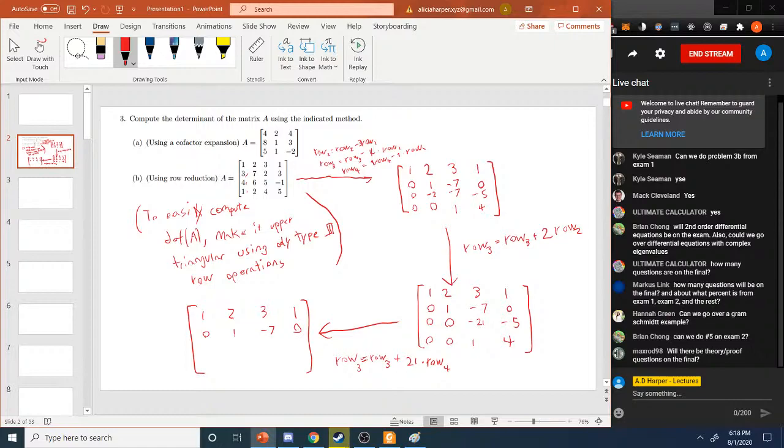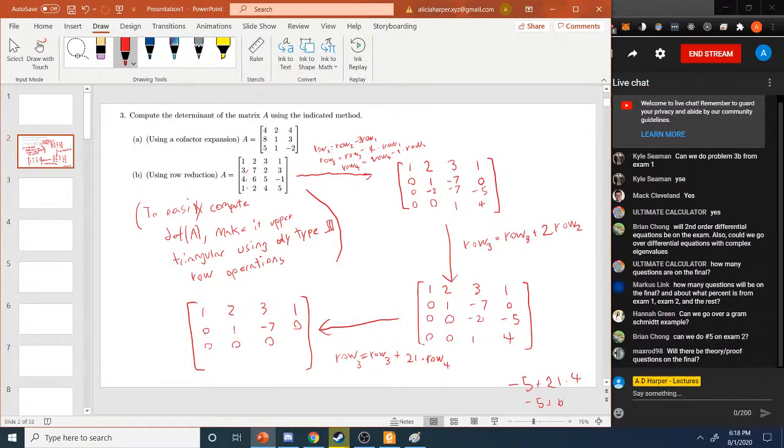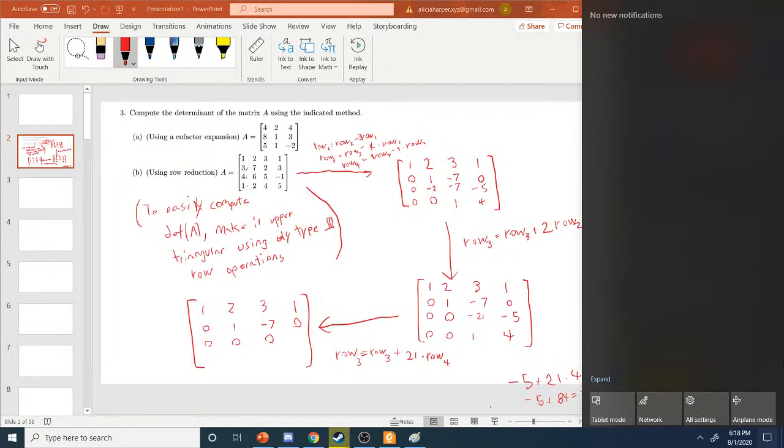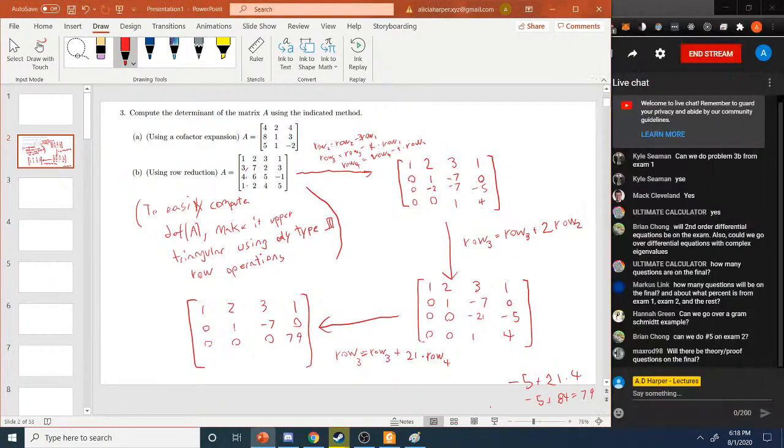And 0, 0, 0. And then -5 plus 21 times 4, which is the same thing as -5 plus 84, which is equal to 79. So I'm going to have 79 here. And then I have a 1 and a 4 here.